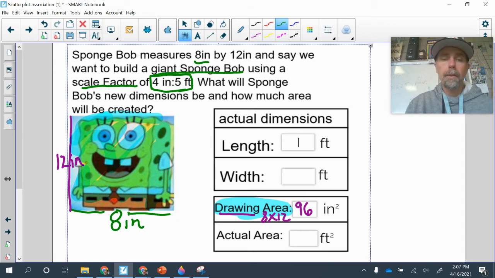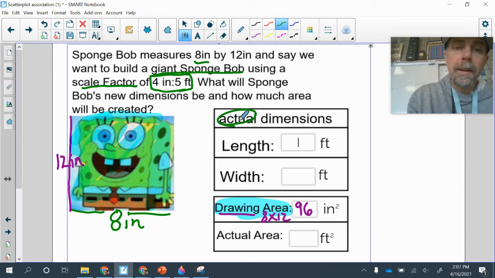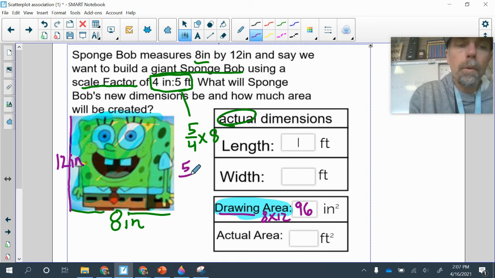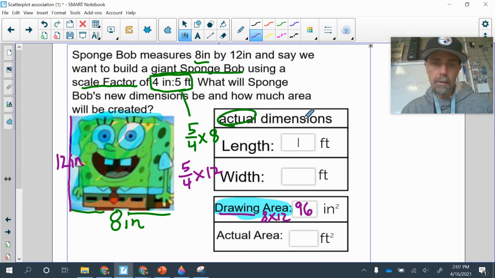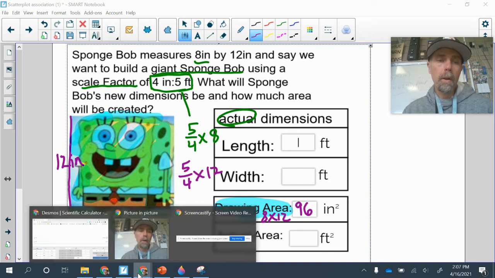So to find the actual dimensions, I've got to do 5/4 times 8 and 5/4 times 12. That'll get me my new dimensions, the actual dimensions of SpongeBob. Again, this is a drawing.